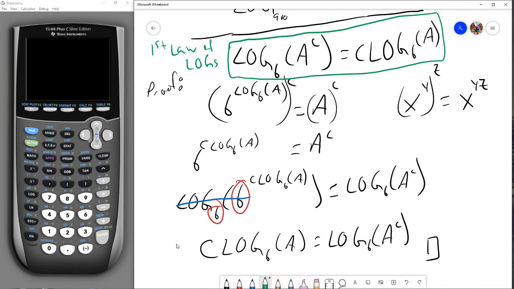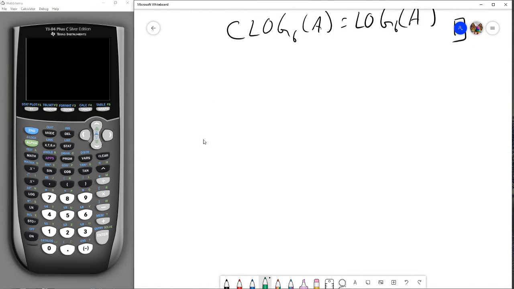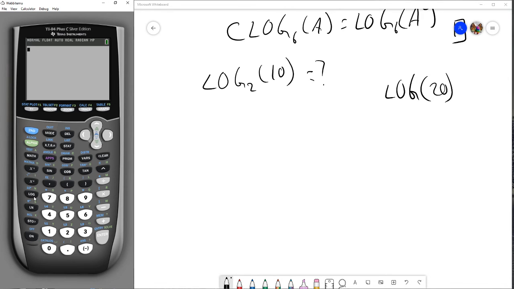Alright, now you might wonder about this question here. Suppose we were given log base 2 of 10. How would we plug that into the calculator? If we had, say, log of 20, well, we can plug that into the calculator because we have a built-in button right here.